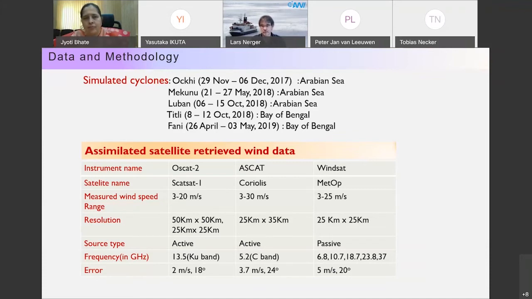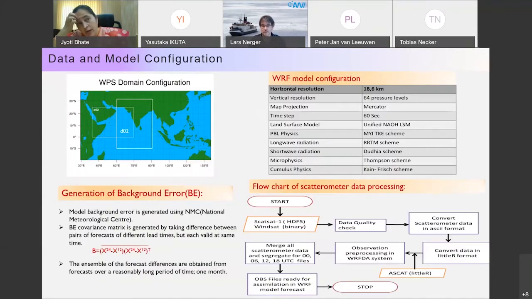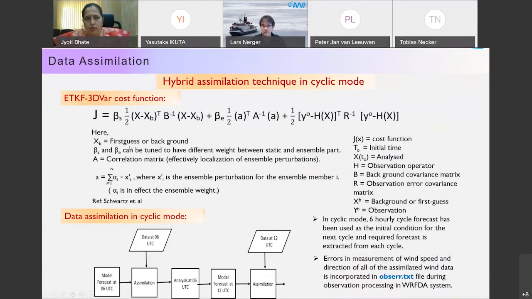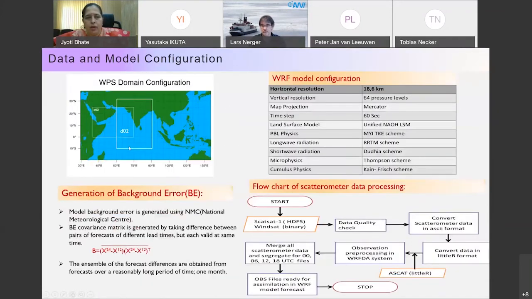assimilated data. Coming to the model configuration, we have used the WRF model, and we have considered a South Asian domain spanning from 30 degrees east to 140 degrees east. We have considered 2 nested domains, one covering the Arabian Sea, and another over the Bay of Bengal region.